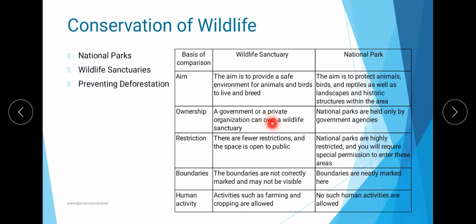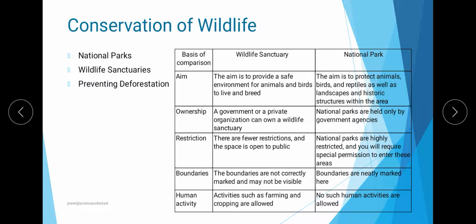With reference to ownership, a wildlife sanctuary can be under government or private ownership, whereas a national park is fully controlled and held by the government. Regarding restrictions, wildlife sanctuaries have comparatively fewer restrictions and are available to the public, but for a national park you need to take special permissions.